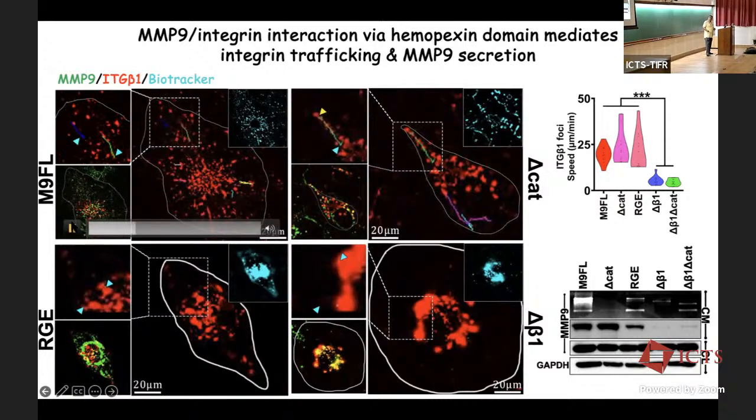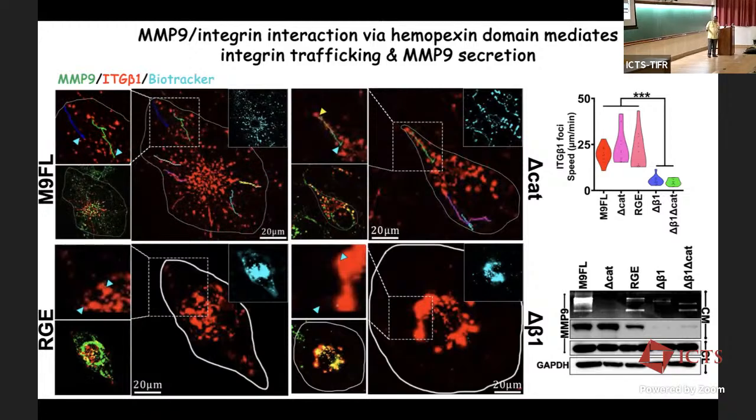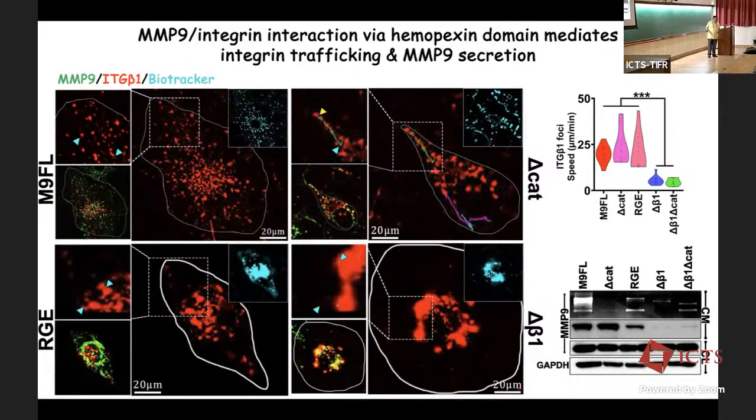You see the MMP9 molecules going to the periphery, integrin molecules also following, and same is true for the biotracker signal, which suggests that this association is essential for their transport to the membrane. So somehow they are being co-transported in the same vesicle.